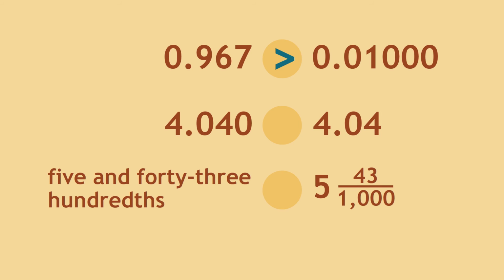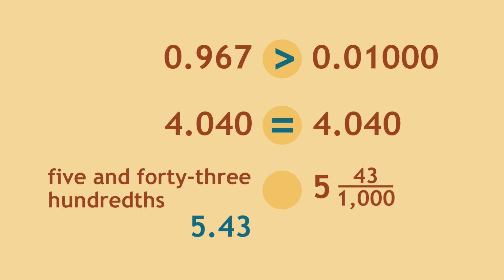And in our thousandths column, we have a zero on one side, and on the other side we can always add a zero there if we need to. So in this case, 4 and 40 thousandths is equal to 4 and 4 hundredths, because we can add that zero there, and that makes it equal.